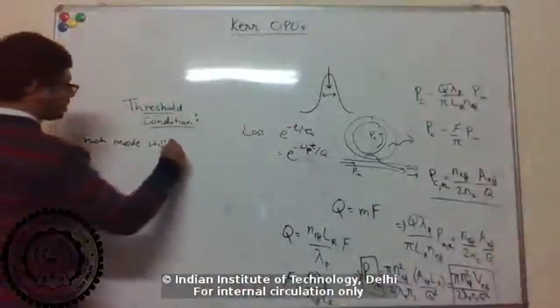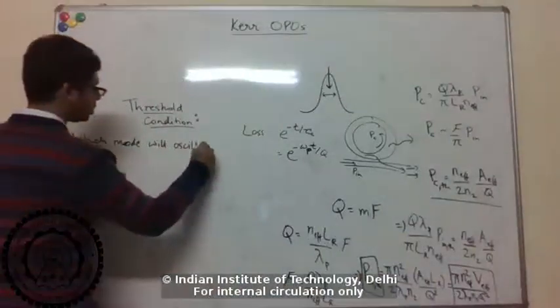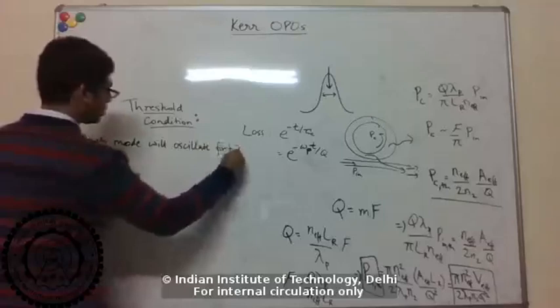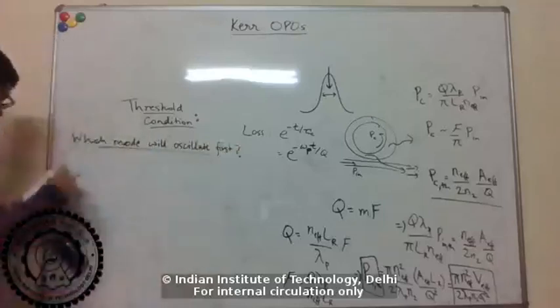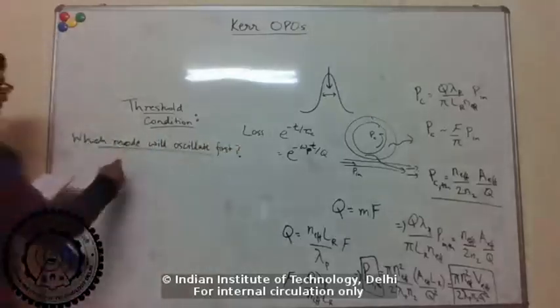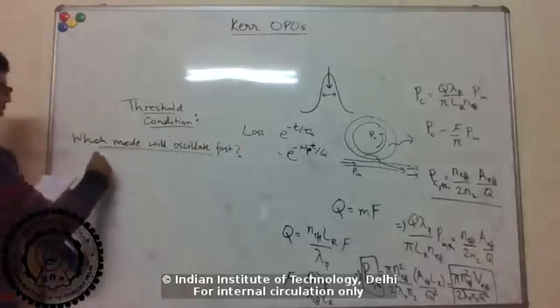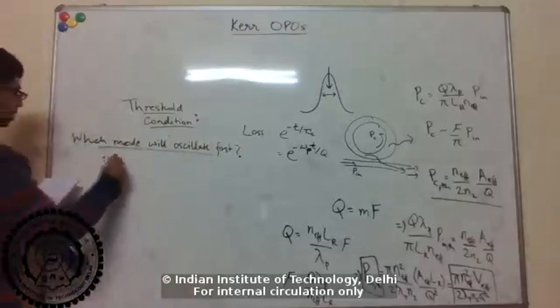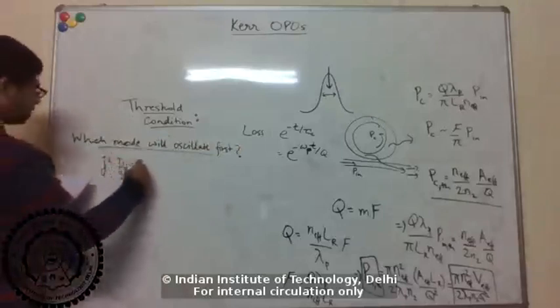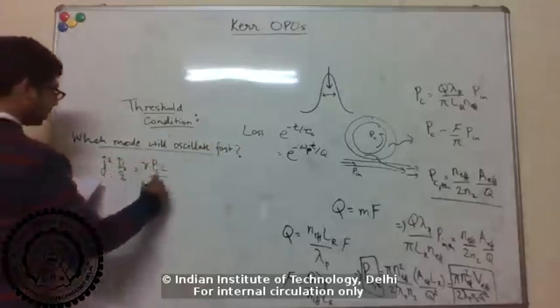Which mode will oscillate first? So again, the condition was, the jth mode from the pump will oscillate if j square D2 by 2 is equal to gamma p c over n effective.